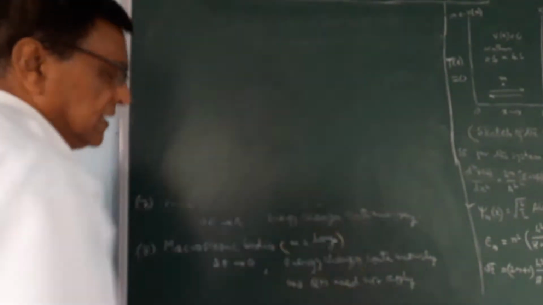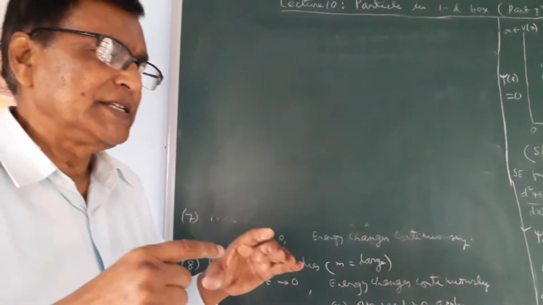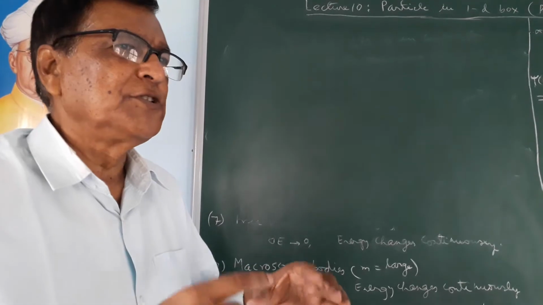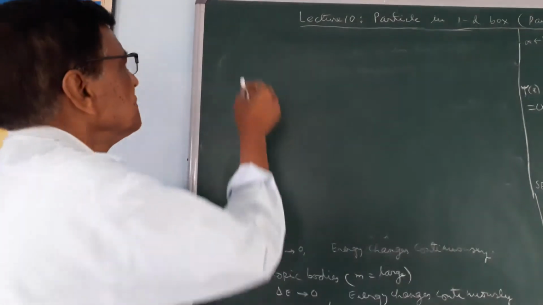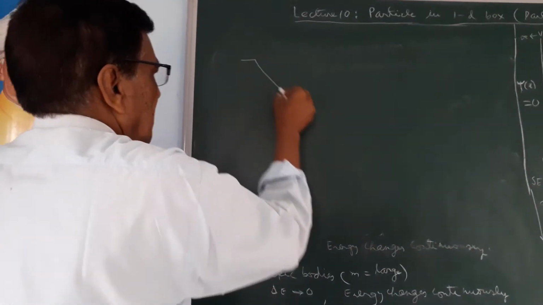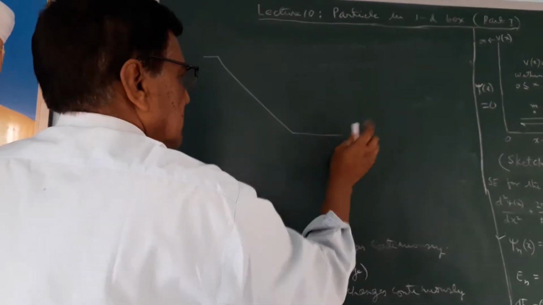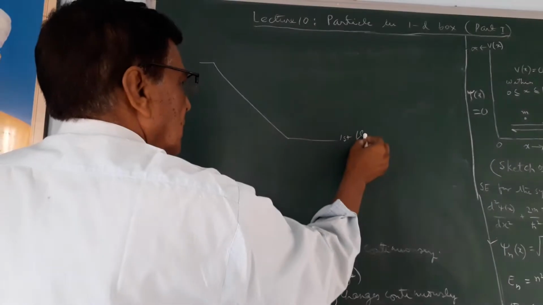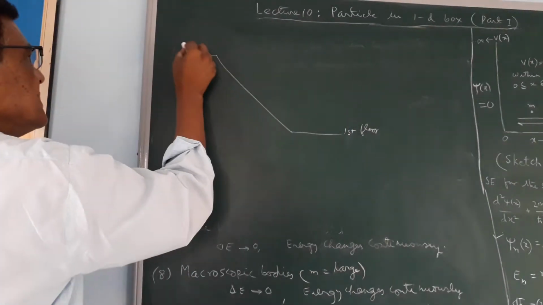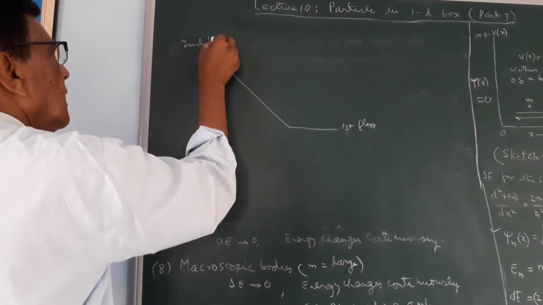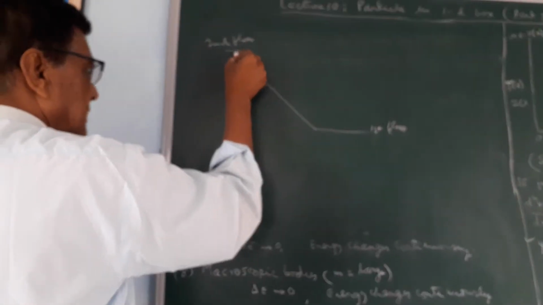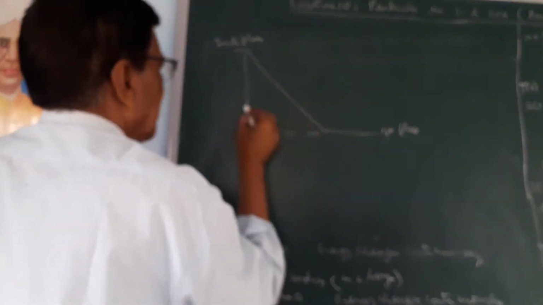I can give an example to explain when energy is changing continuously, or when it is changing discontinuously, in a discrete fashion. Suppose this is the first floor, and this is the second floor, and this one is the height.